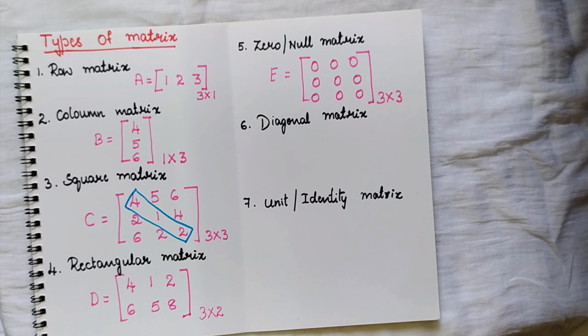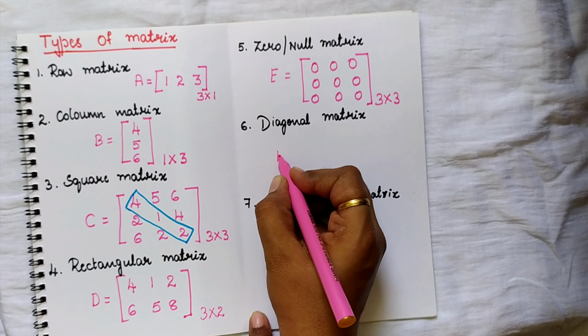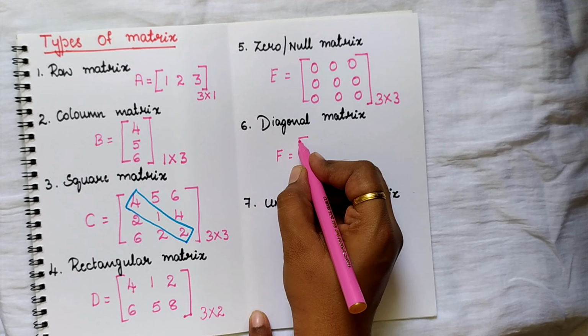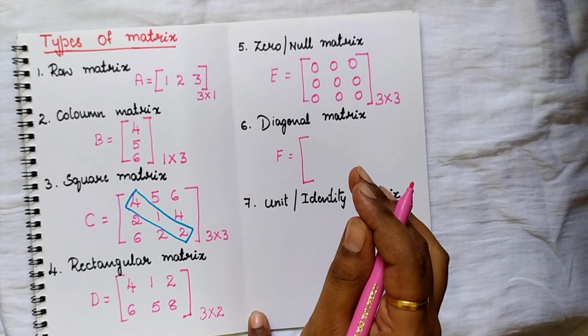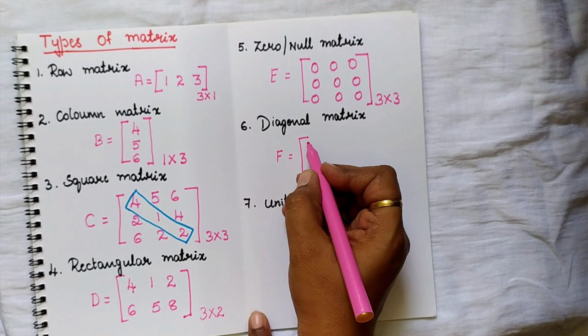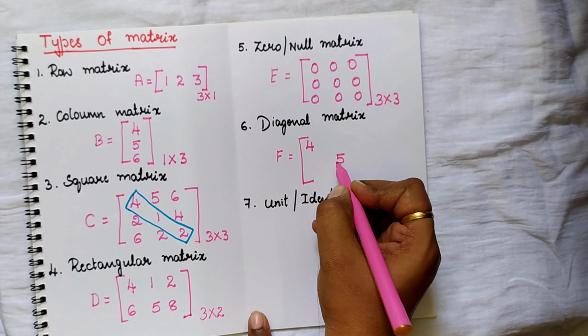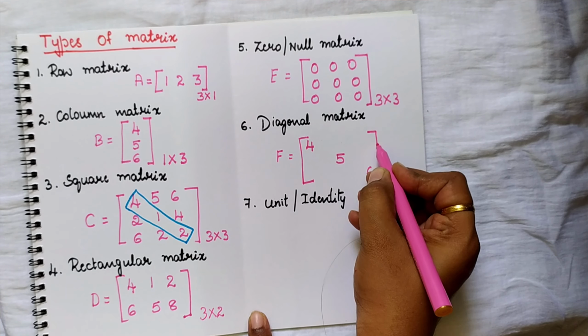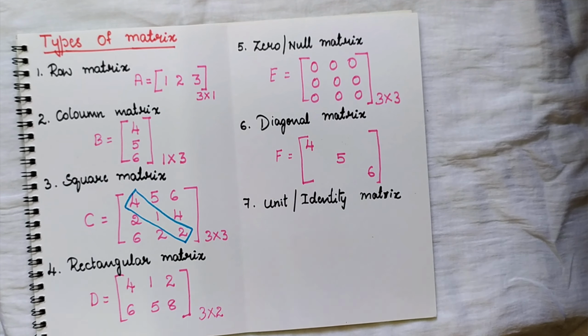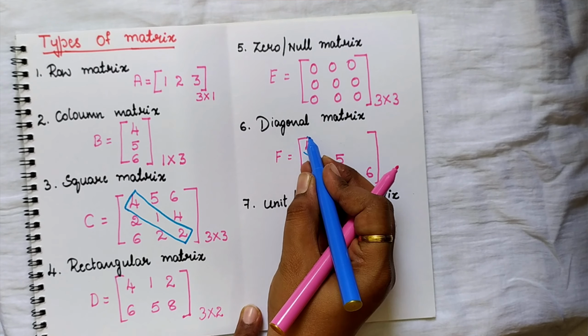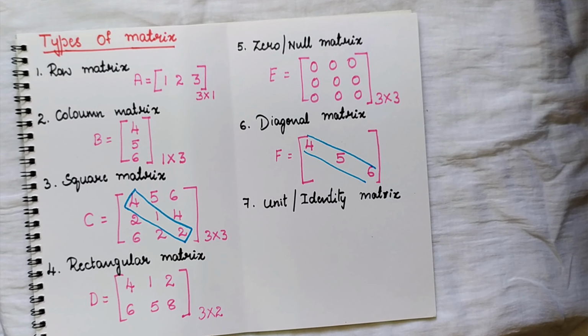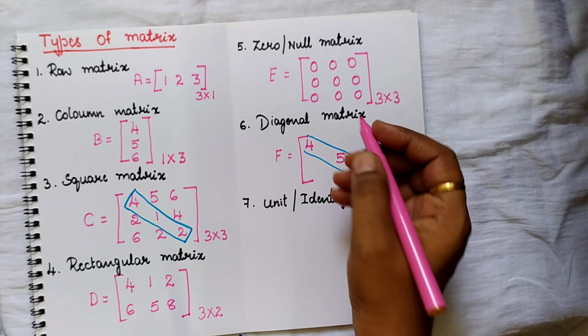Has the word diagonal to do with the principal diagonal elements? Yes, our guess is correct. Here, let us represent a matrix, and this deals with something special about the principal diagonal elements. Let us consider only the principal diagonal elements, that is 4, 5 and 6. The diagonal matrix says that only the principal diagonal elements will be numbers and all other elements will be 0.